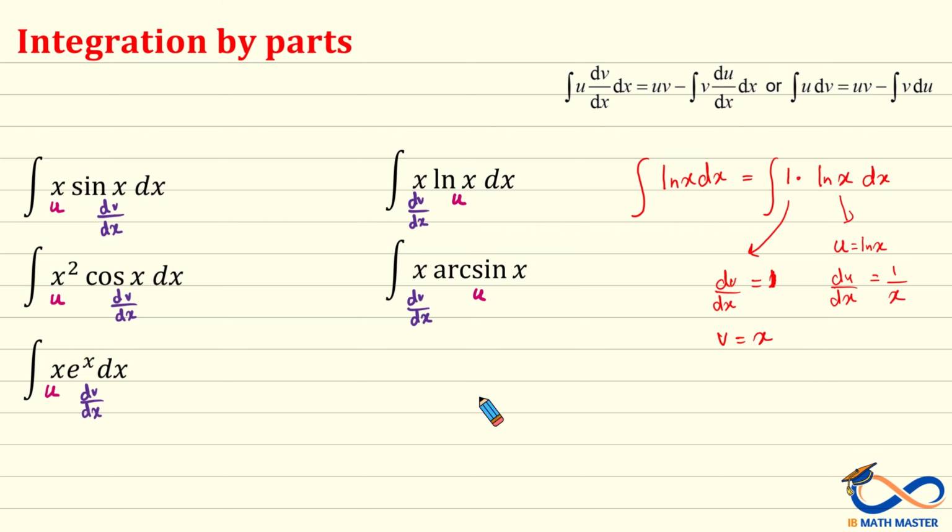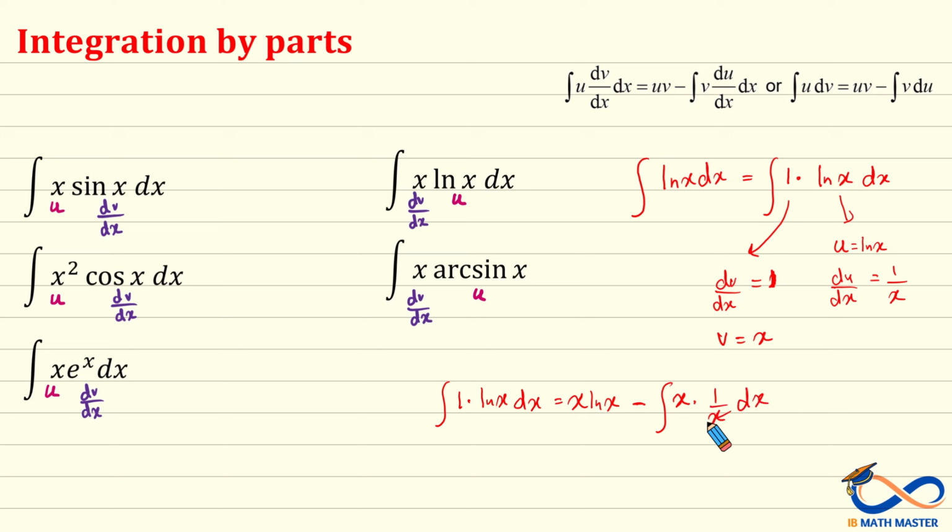We replace now in the formula, so the integration of ln x will be, as you see, u multiplied by v, which is ln x times v, which is x, so here x times ln x, minus the integral of v multiplied by du over dx, v here, which is x, times du over dx, which is 1 over x as we see.